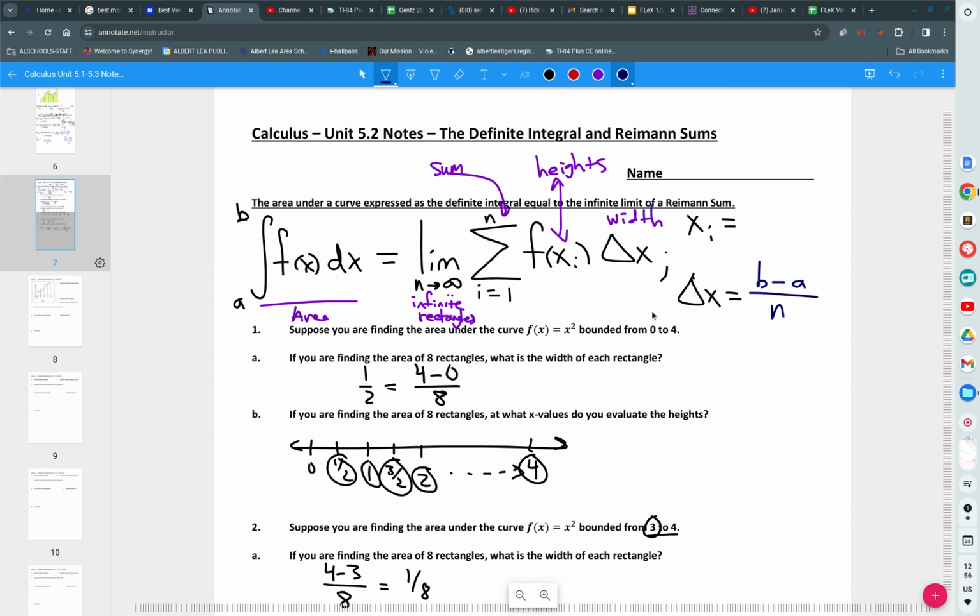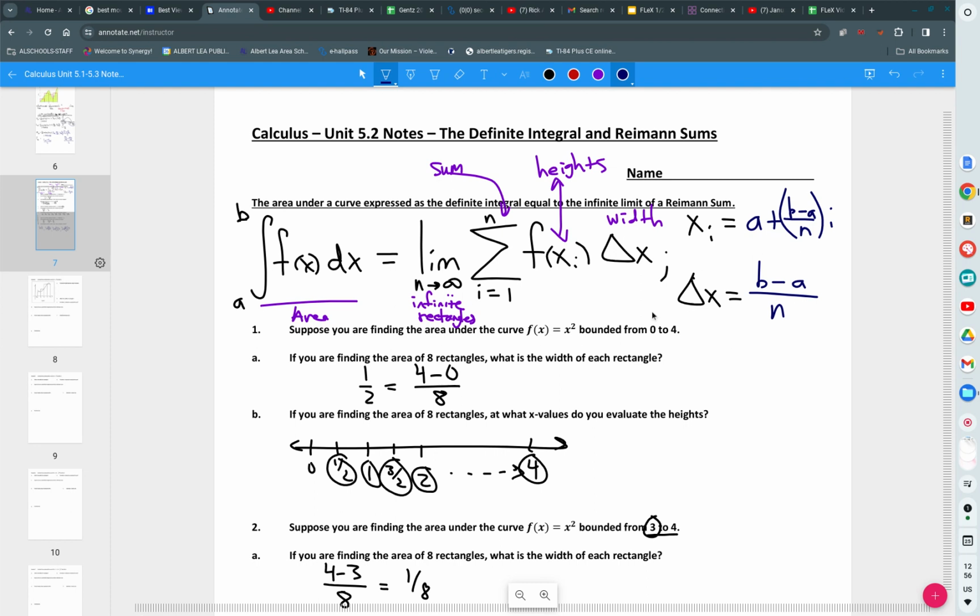A. You're going to take a and add to it a width, which is b minus a over n, times i, i being the rectangle number. So if it's the first, second, third, fourth, fifth rectangle, that's how many widths we've gone over. Those are the pieces you need in order to accomplish today's task.